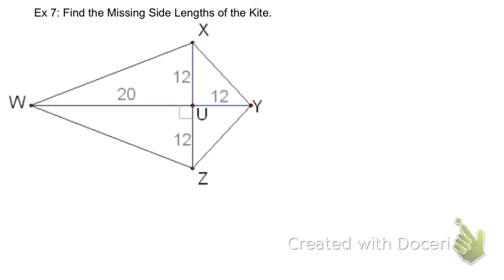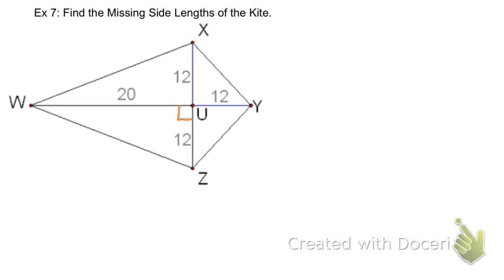Now what do we see 4 smaller versions of in this? Triangles. Now what kind of triangles are these? They're right triangles because the diagonals are perpendicular to each other. So these are 4 right triangles. Could we use the Pythagorean theorem?